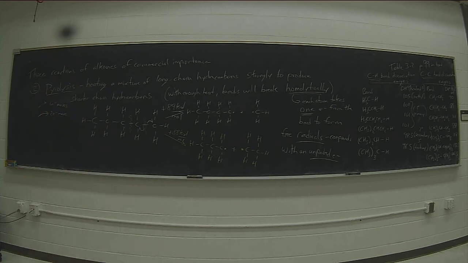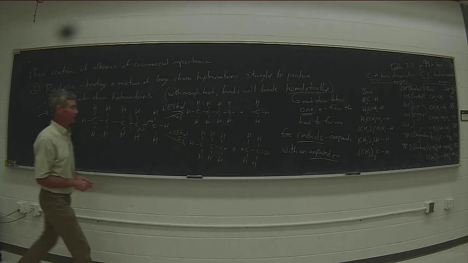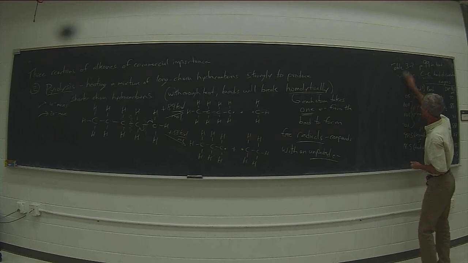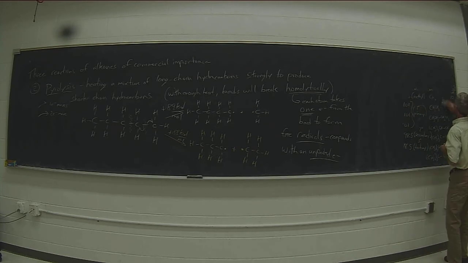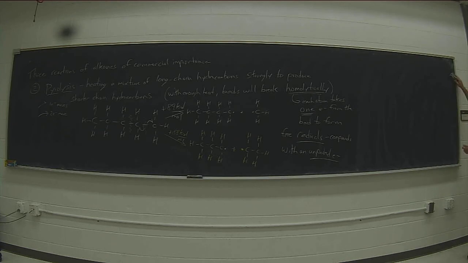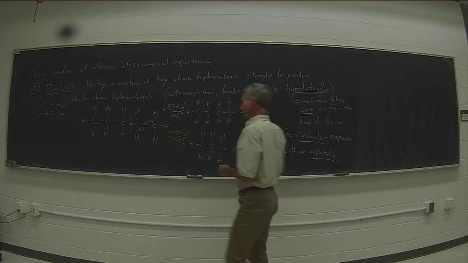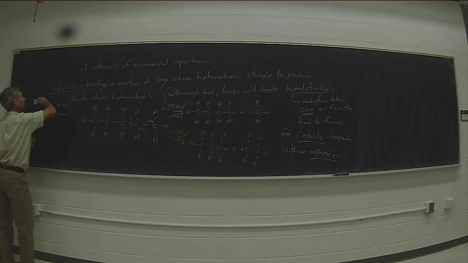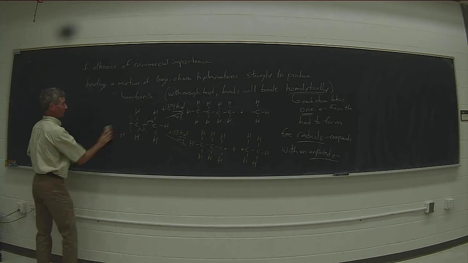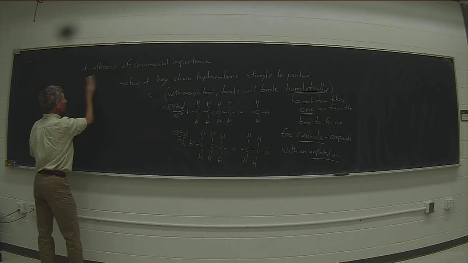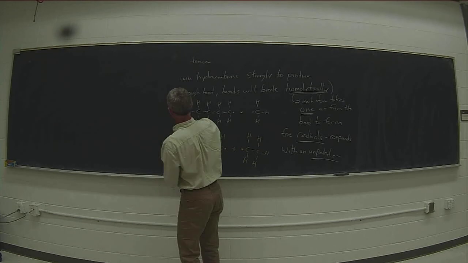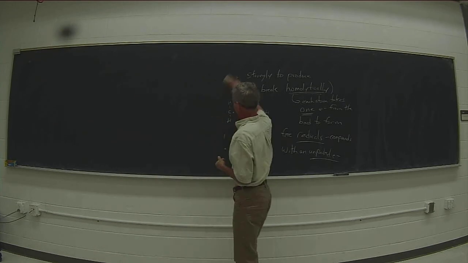Those radicals can now participate in one of 2 different processes to create new hydrocarbons. The first process is radical recombination, where 2 radicals will react with each other. And the second process is hydrogen abstraction, where one of the radicals will pluck a hydrogen off the position adjacent to the radical in another one.